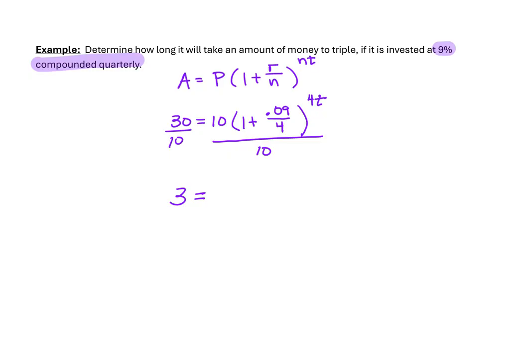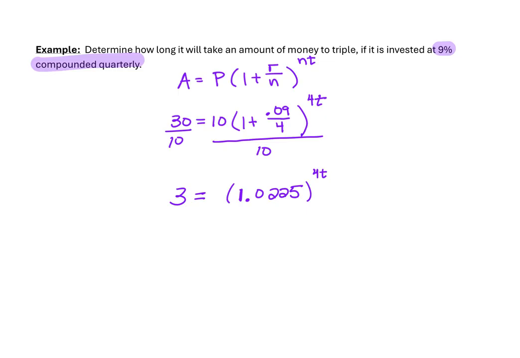All right, the other thing that I want to do is I do want to simplify that inside number just a little bit and make it a little bit easier to work with. If we divide 0.09 by 4 and add the result onto 1, we should get 1.0225 raised to the 4t.